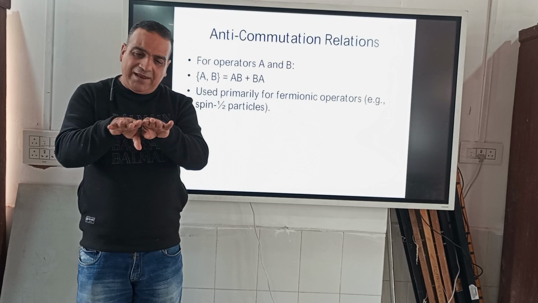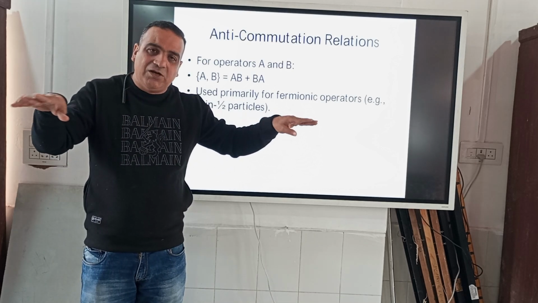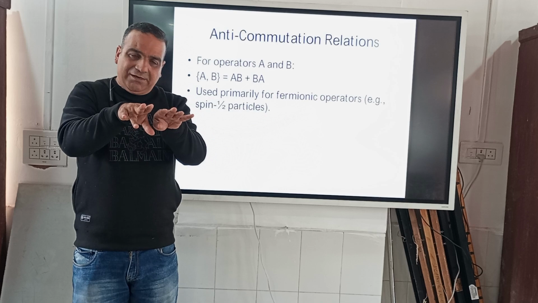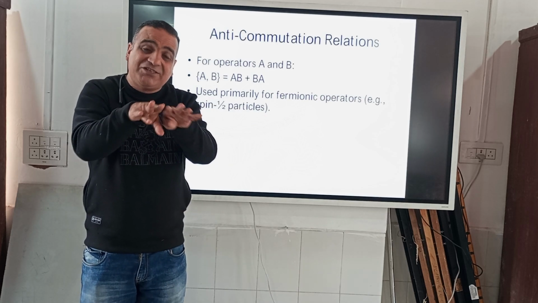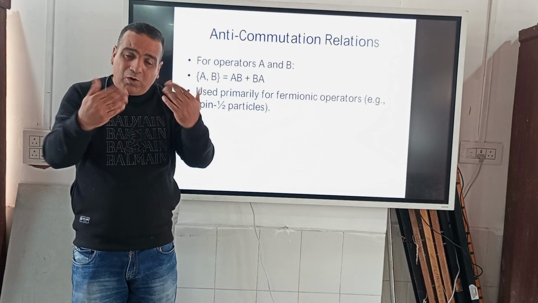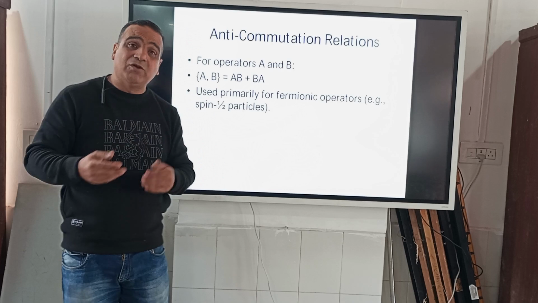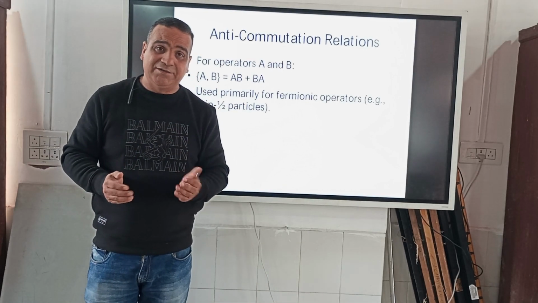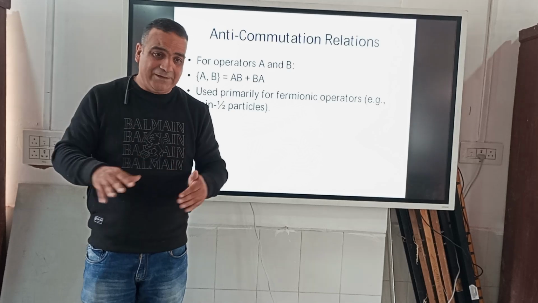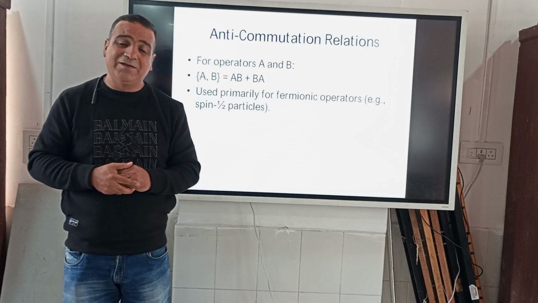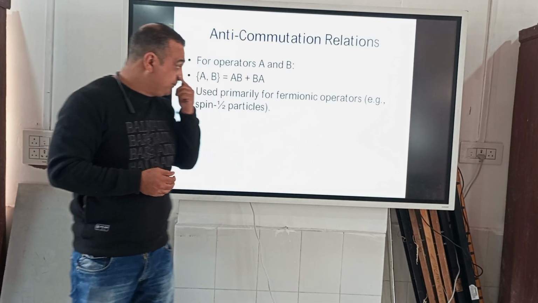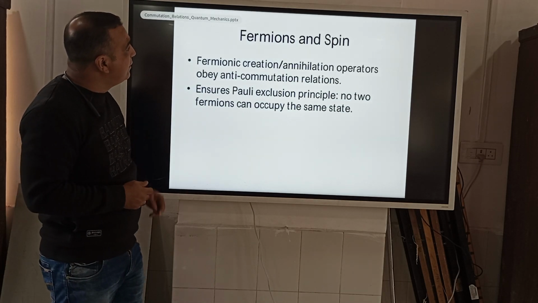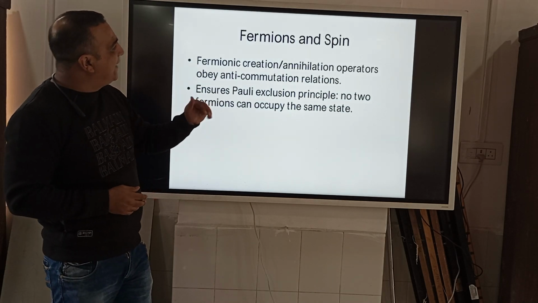So if a mathematical solution arises where two particles try to achieve the same quantum state, we make use of these annihilation and creation operators. These operators balance the situation of the particles in our quantum system. So this is anti-commutation: fermions and spin.